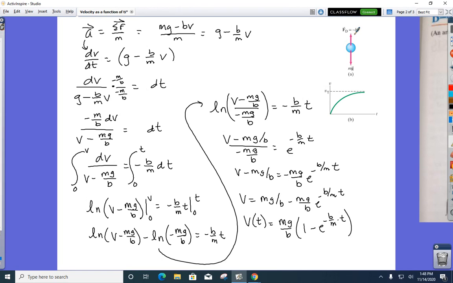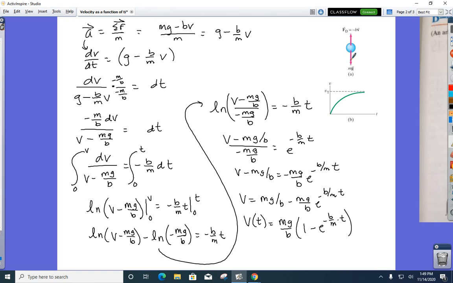Let's just evaluate this really quickly. When t is equal to 0, this term here would be 1. 1 minus 1 is 0, and I get an initial velocity of 0, as I expect. As t becomes really big, this term here is going to start to approach 0. So now I would get a terminal velocity of mg over b, and let's see if that makes sense.